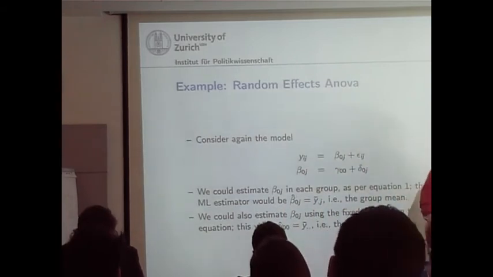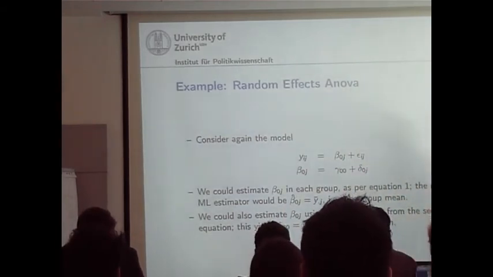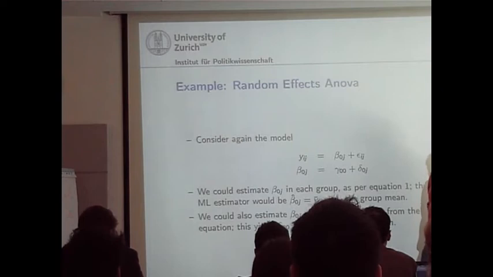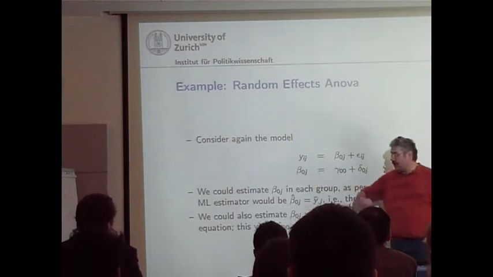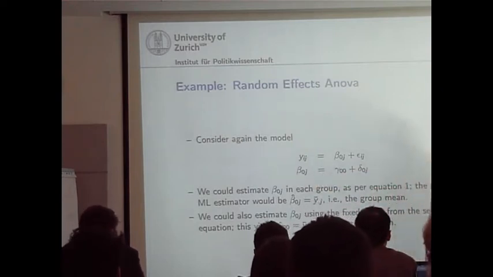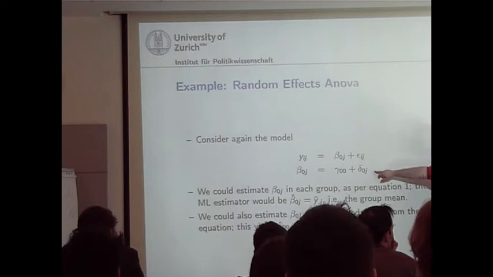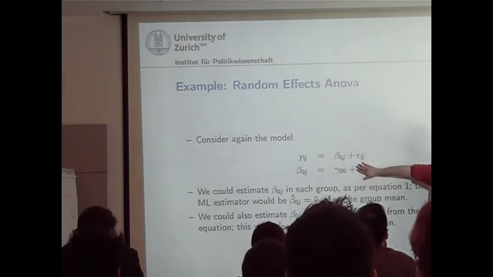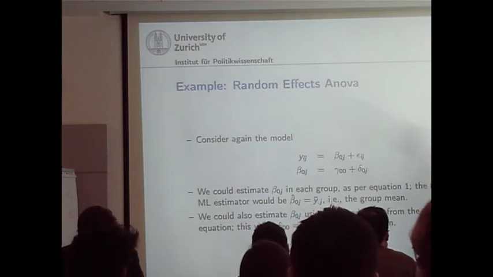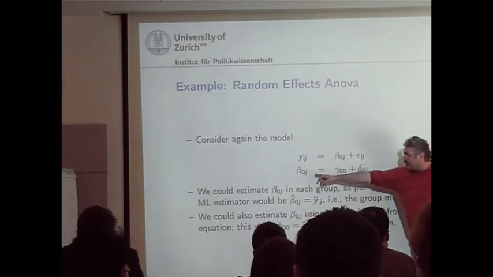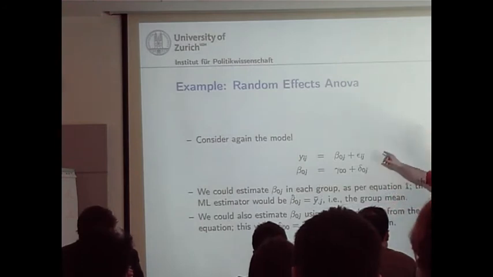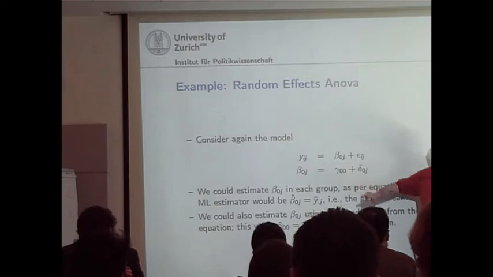And now the question is, well, what are the estimates of these beta 0j's that we actually can come up with? Well, the second equation suggests already one estimator, and that's the estimator of this gamma 0, because the idea here is that these beta 0j's are draws from a distribution with this common grand mean gamma 0.